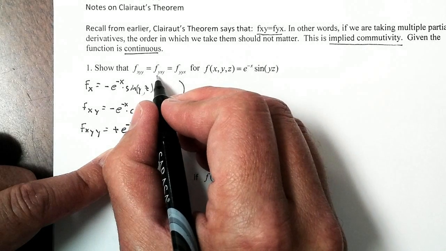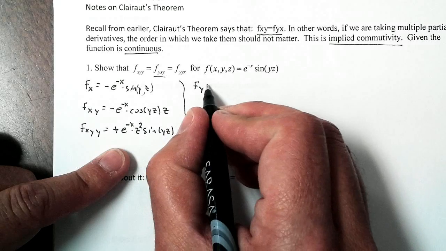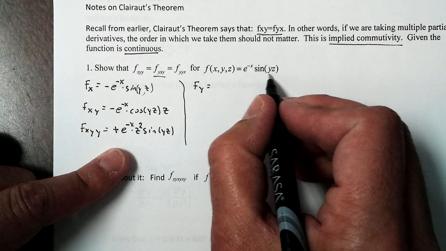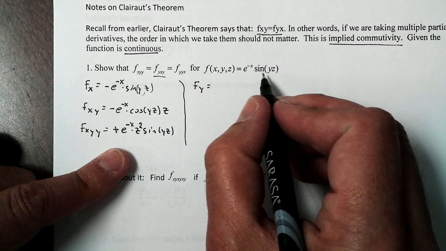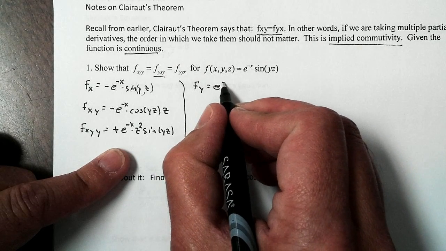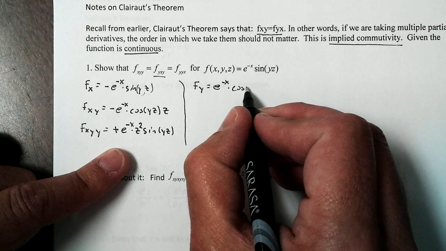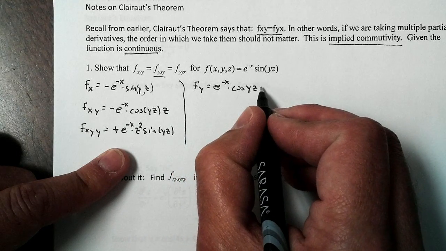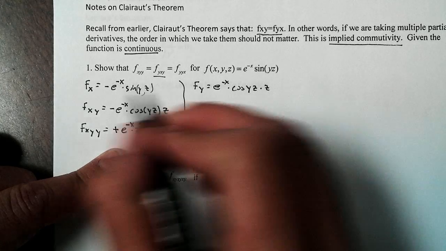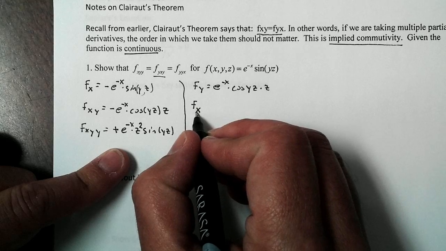Now we want to try the partial of y, x, y. So let's find the partial with respect to y. Again, y is on the inside, so I have to use my chain rule. The e to the negative x is just a constant, so that's e to the negative x times the derivative. We're going to get cosine of yz times the derivative of the inside, which is just z. And now we're going to take that derivative with respect to x.